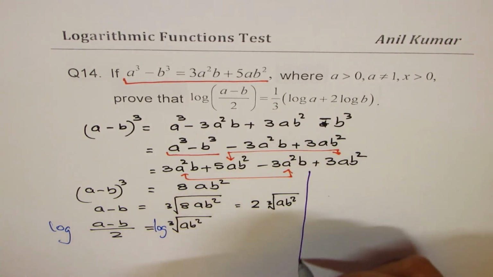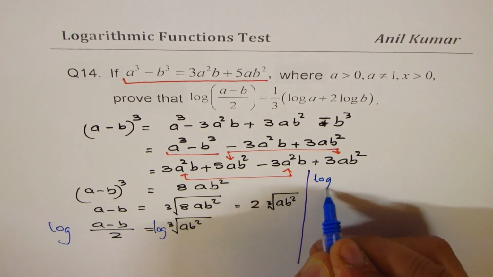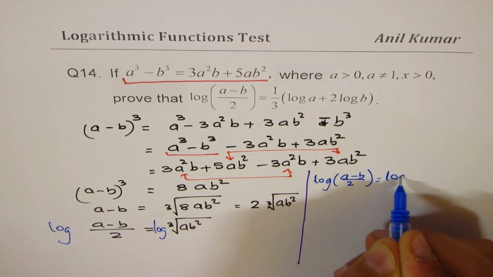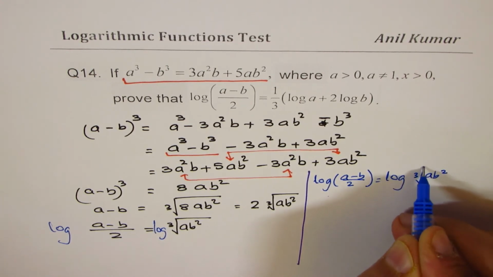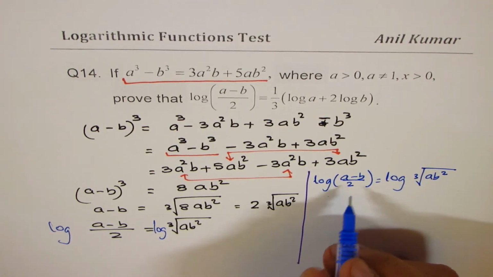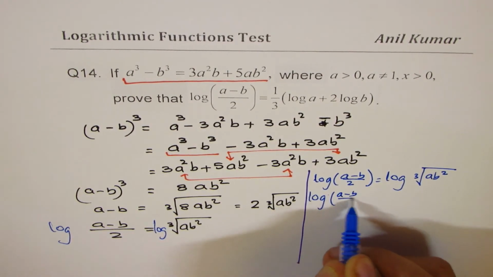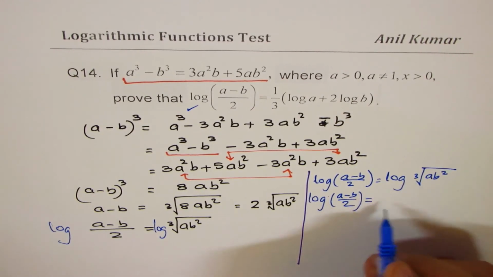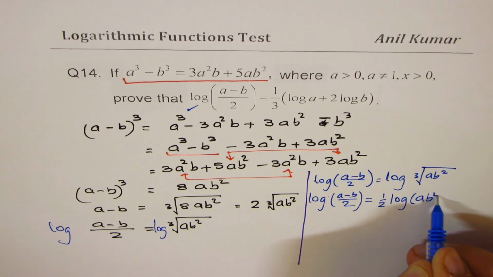So let me expand it here. If I take log both sides, I could write this as log of a minus b divided by 2 equals log of cube root of ab square. Now that gives us log of a minus b over 2. We already have the left side term. Cube root means 1/3 of log of ab square.